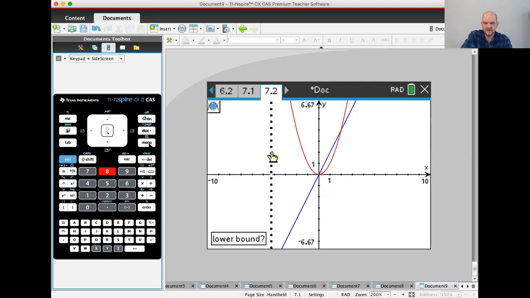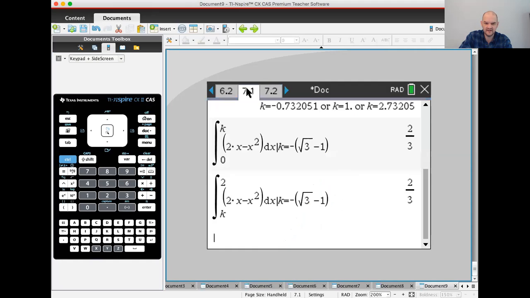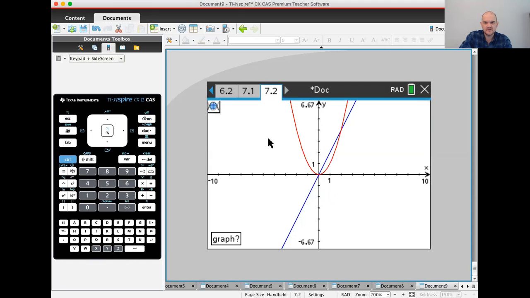So also I didn't mentally note that value. 1 minus √3. So 1, click. There's only 2 graphs, so I don't know why that happened. 1 minus the square root of 3 is the lower bound. And then the upper bound should be, oh, you know what? That was actually supposed to be the upper bound.